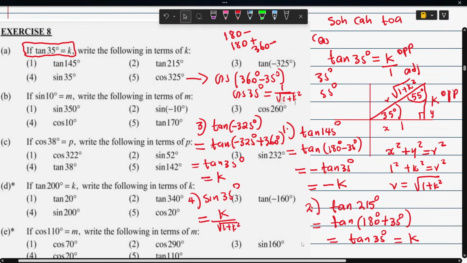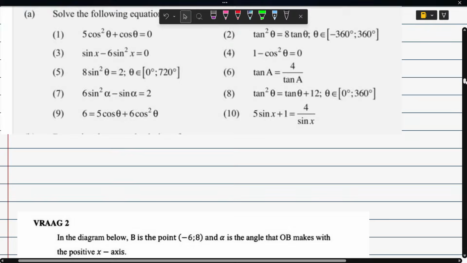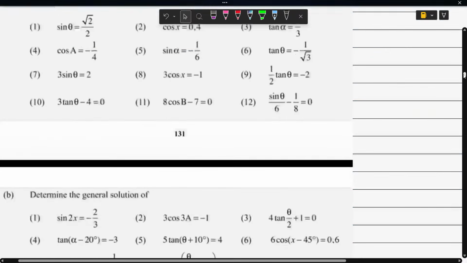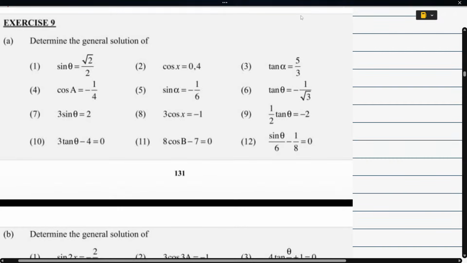We are left with two parts: general solutions, and trigonometric identities. Okay, so you can see what popped up is the general solutions.